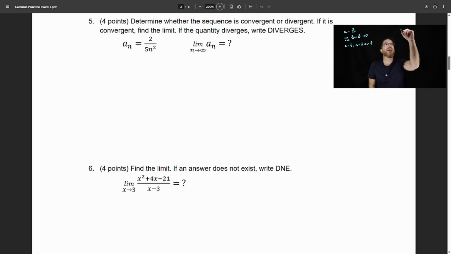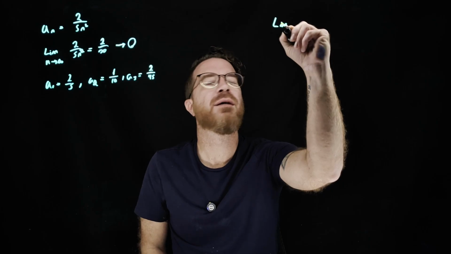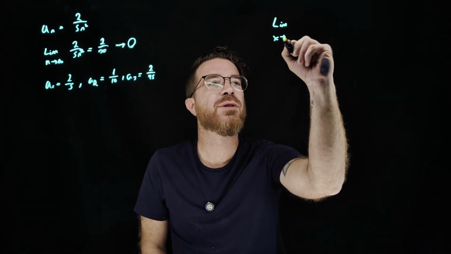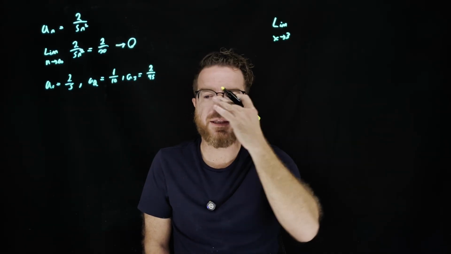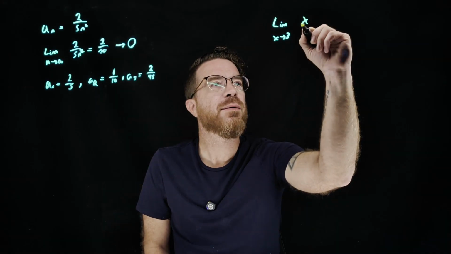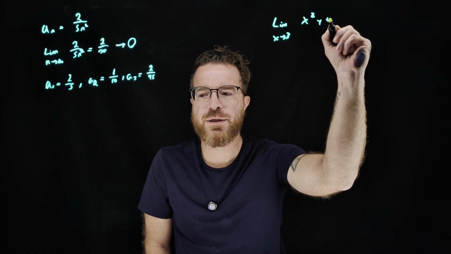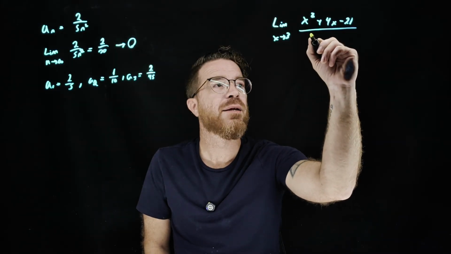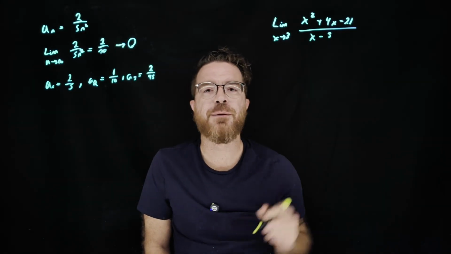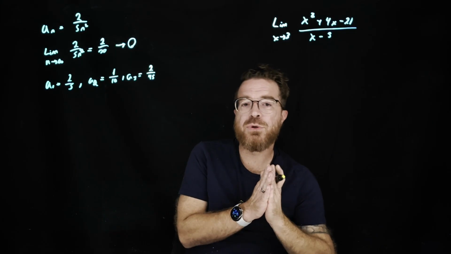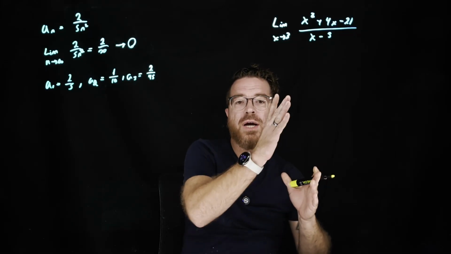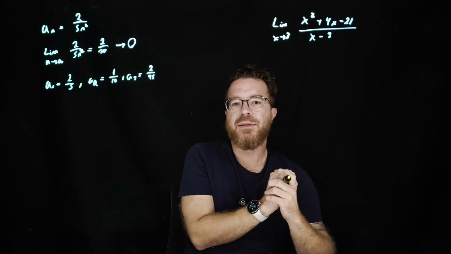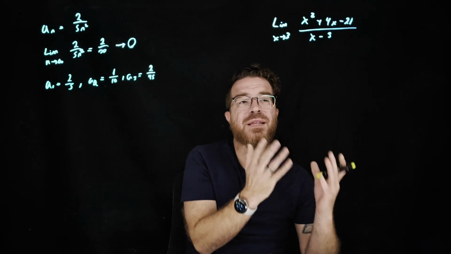So the first limit we have is we want to evaluate the limit as x goes to 3, so we're no longer going to infinity in this case, for x squared plus 4x minus 21 divided by x minus 3. Now you could actually do the same sort of tricks we did before, where you could try to divide by the largest power in the denominator and things like that.